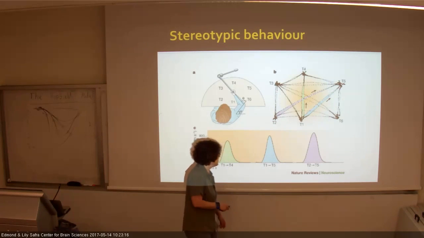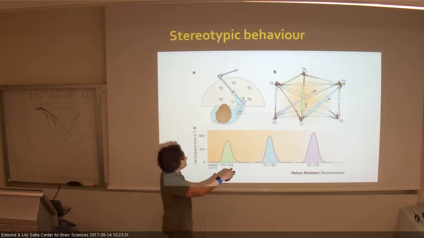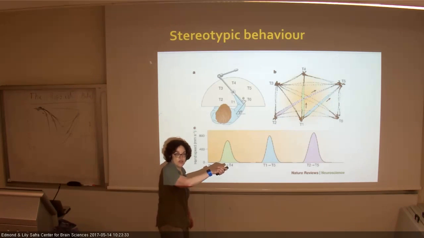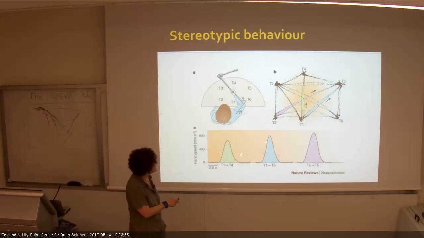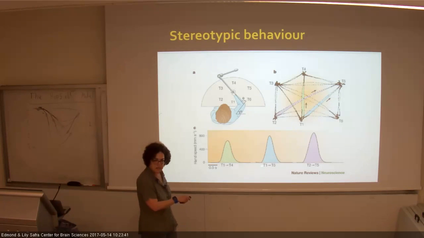However, what people have found is that independent of the amplitude of the movement, so T1 to T4 is a relatively short movement, but T2 to T5 is a very long movement, the movements that are being produced are very simple. They have a bell-shaped velocity profile.